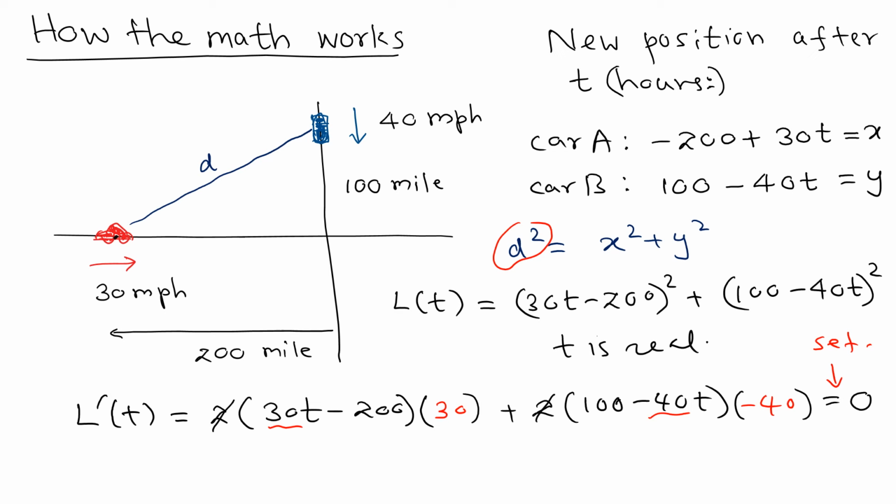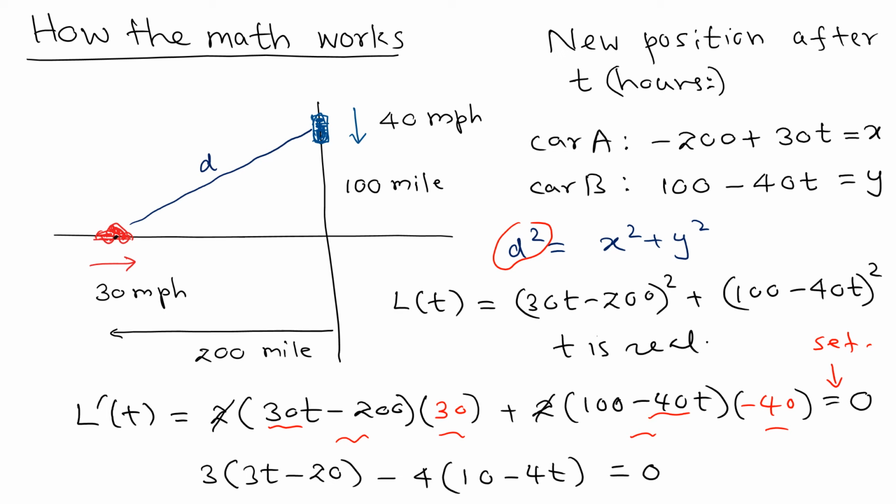Actually, you can divide by 100 because there is a zero inside and a zero outside. Once you divide by 100, you get this equation: 3 times (3t minus 20), minus 4 times (10 minus 4t), equals 0. So that's the equation you get.